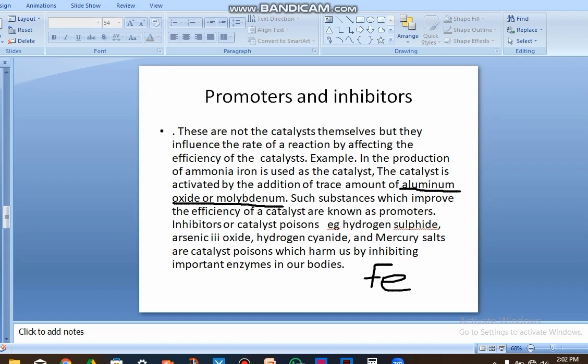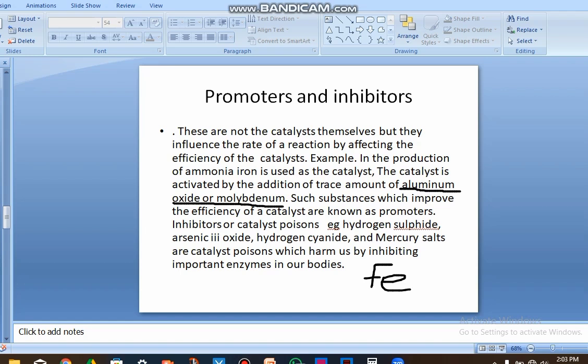Don't be scared, just keep reading every day. Aluminum oxide or molybdenum is used to activate the iron catalyst in the production of ammonia. Are you getting it now? Such substances which improve the efficiency of a catalyst are known as promoters.